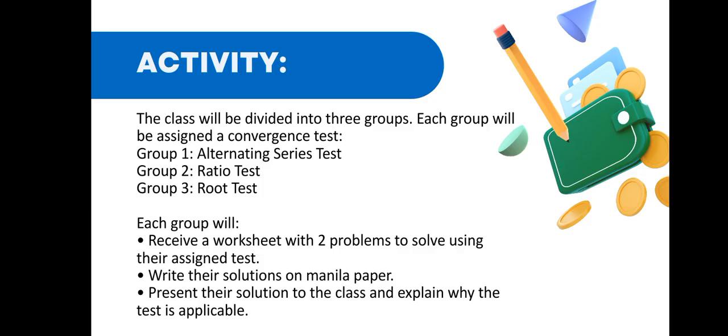Each group will receive a worksheet with 2 problems to solve using their assigned test. Write your solutions on Manila paper and present your solution to the class and explain why the test is applicable. Did you understand?